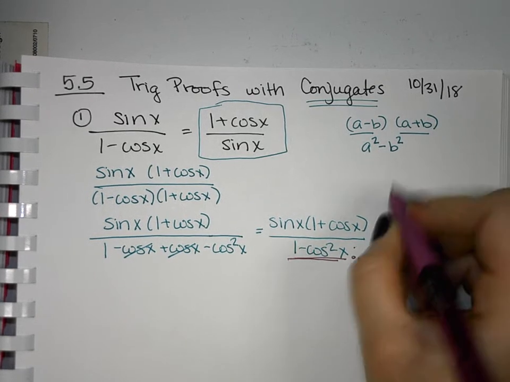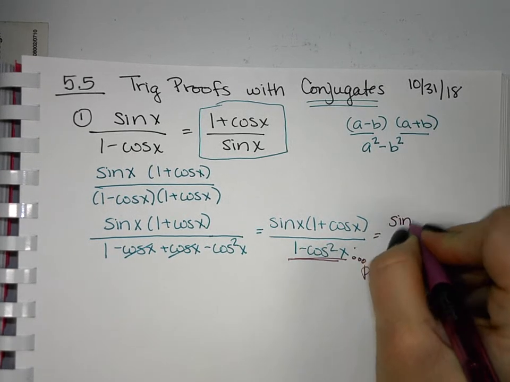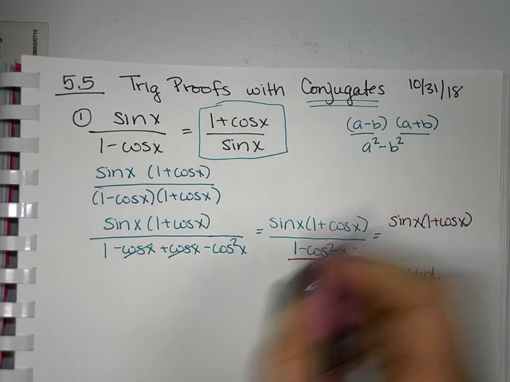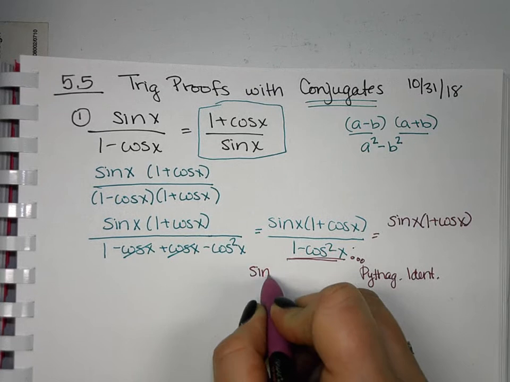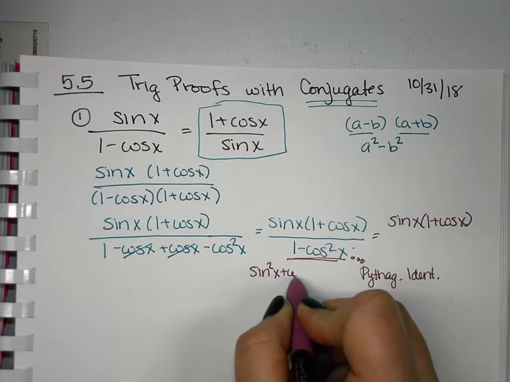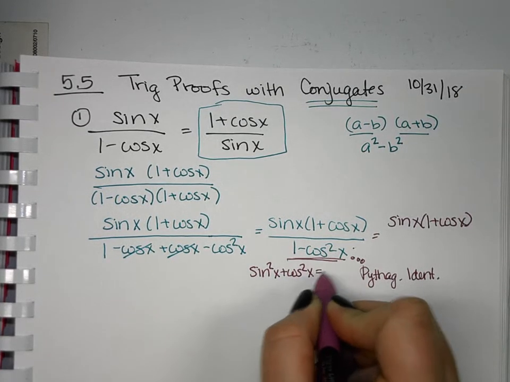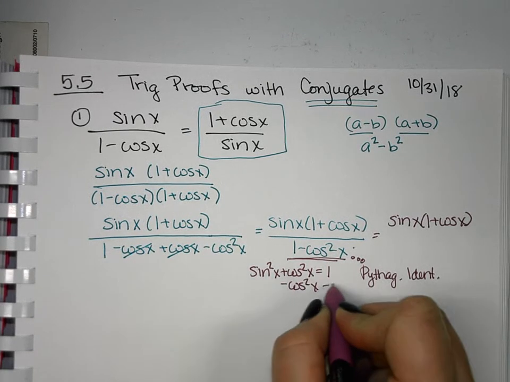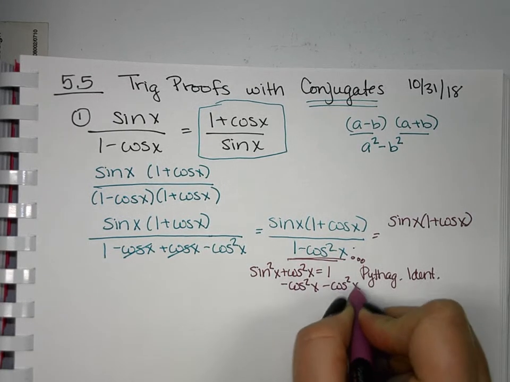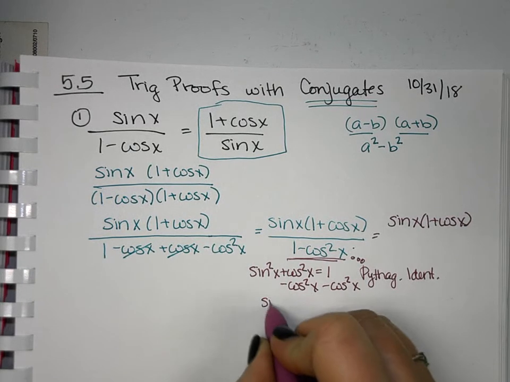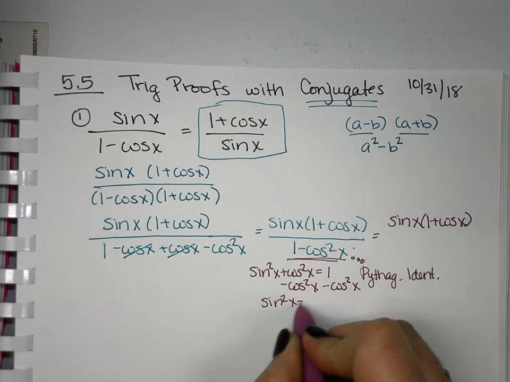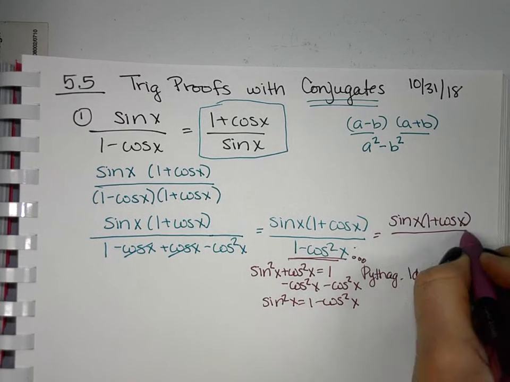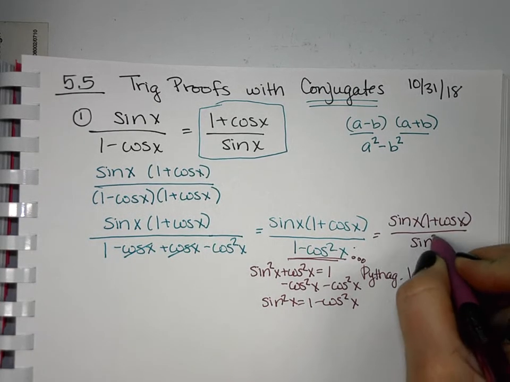And so if we rewrite that with the Pythagorean identity, if we take sine squared x plus cosine squared x equals 1, and subtract the cosine squared from both sides, we'll get that sine squared x equals 1 minus cosine squared x. So that means I can write in my denominator sine squared x.